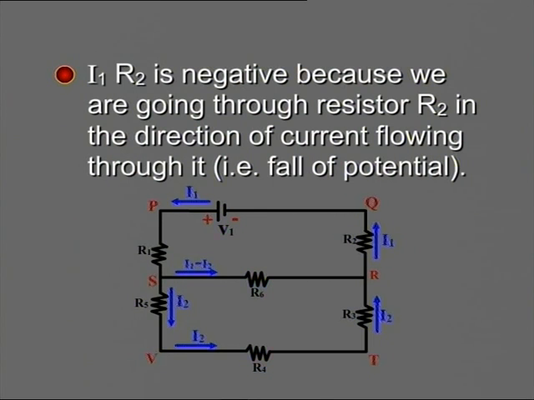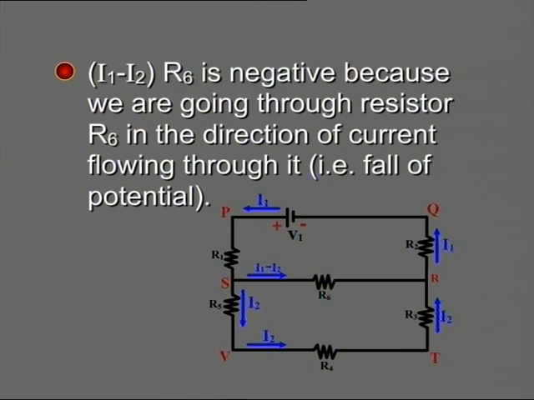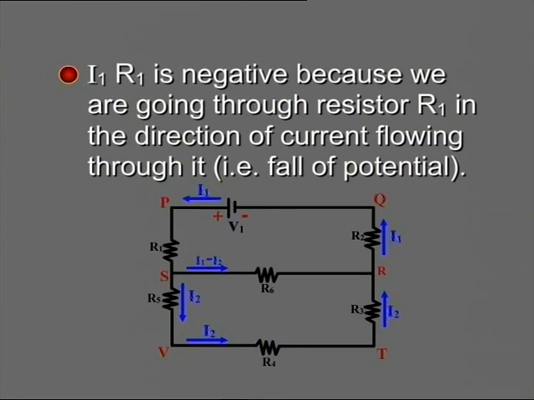I1 R2 is negative because we are going through resistor R2 in the direction of current flowing through it, that is, a fall of potential. (I1 minus I2) R6 is negative because we are going through resistor R6 in the direction of current flowing through it, that is, a fall of potential. I1 R1 is negative because we are going through resistor R1 in the direction of current flowing through it, that is, a fall of potential.